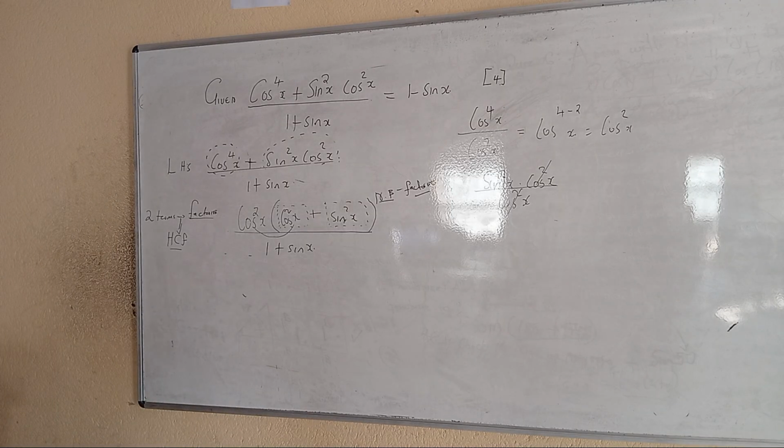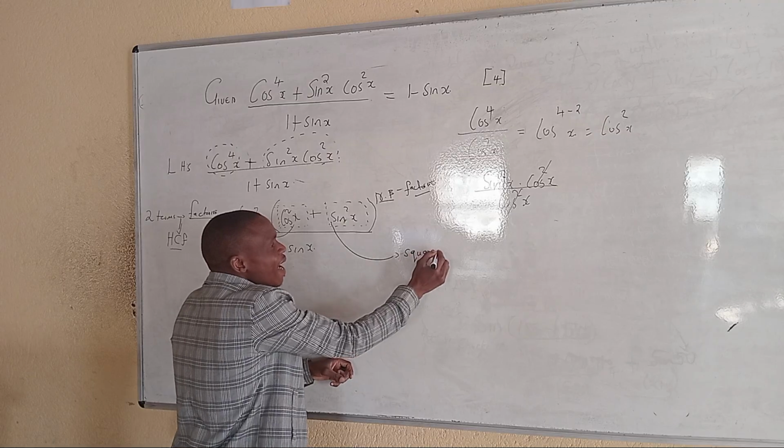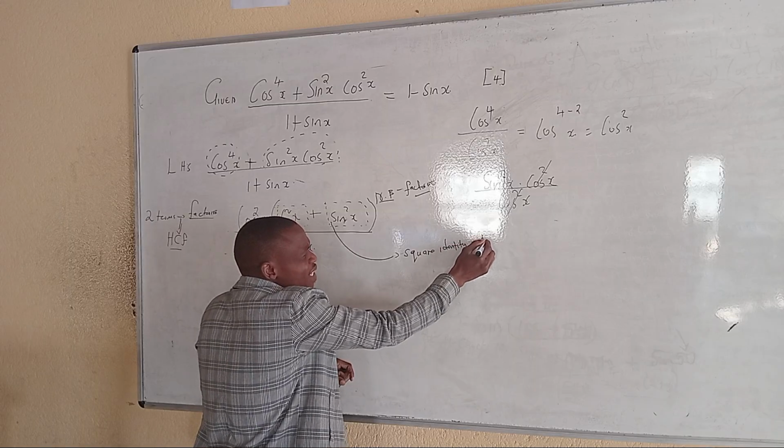Let's talk about cos squared x plus sine squared x. What do you know about cos squared x plus sine squared x? It's 1. It is called a square identity. This cos squared x plus sine squared x, the guy in the brackets, is called a square identity, and a square identity gives us 1.